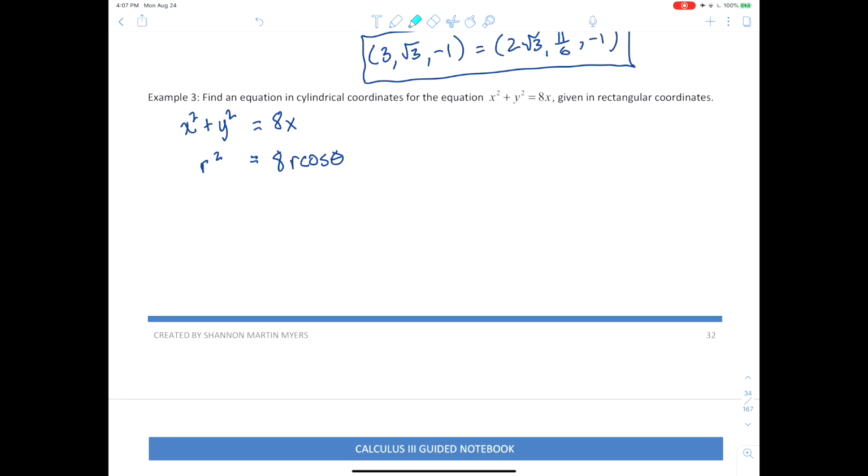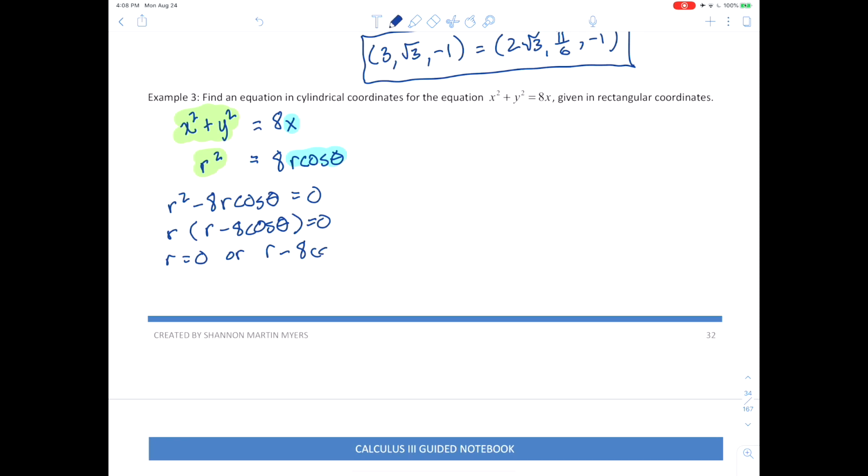So here's that guy, and then this here is r squared. So then we would have r squared minus 8r cosine theta is equal to 0. Factoring out an r, you'd have r minus 8 cosine theta remaining. So r would be 0, or r minus 8 cosine theta would be 0.